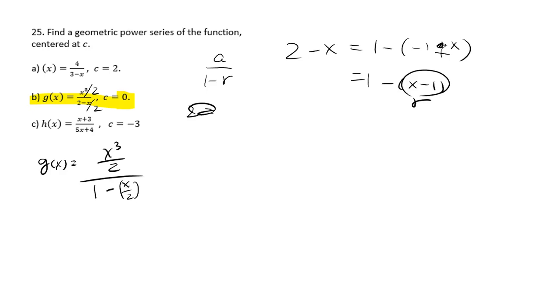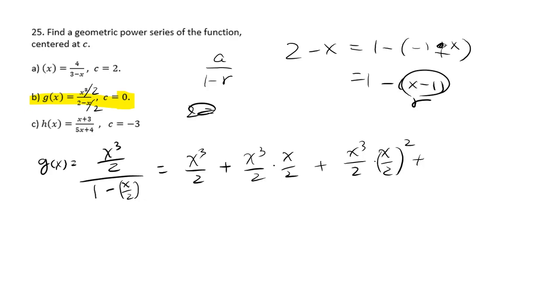And now you do have 1 and 1 matching, so r is x over 2, and x cubed over 2 is your a. So that means x cubed over 2 is the first one, and then plus x cubed over 2 times x over 2 plus x cubed over 2 times x over 2 to the second power, and so on and so on.